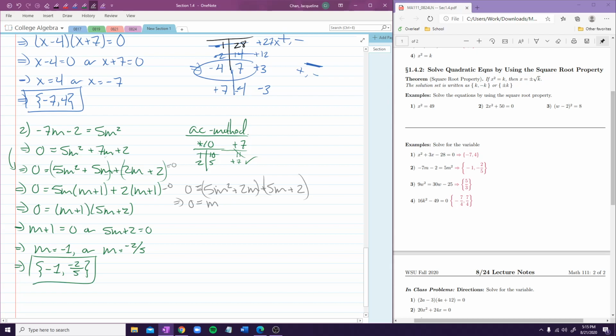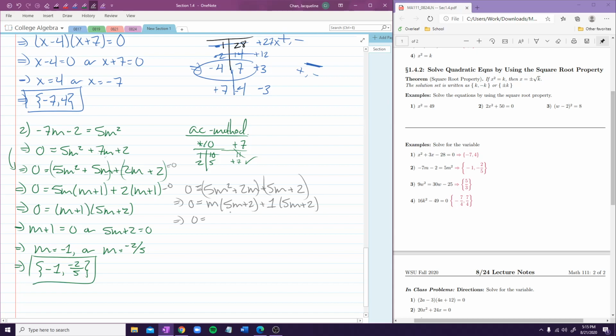The thing that's in common is the GCF, the greatest common factor. In this case, it's just m. If I factor that out, I get 5m plus 2. If you check your work, you will get 5m squared plus 2m. Over here, we have 5m plus 2. The GCF in this case is just 1. That's why you have to be more careful, because some people won't even put the 1.